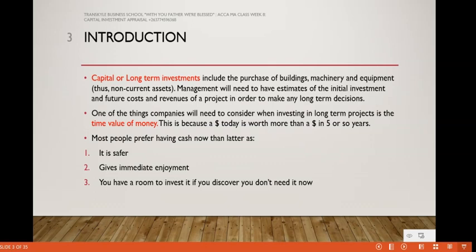But once you have spent that money and another, more profitable venture comes, you won't be able to venture into that business because you no longer have the money to use. So this is why people prefer to have money now.